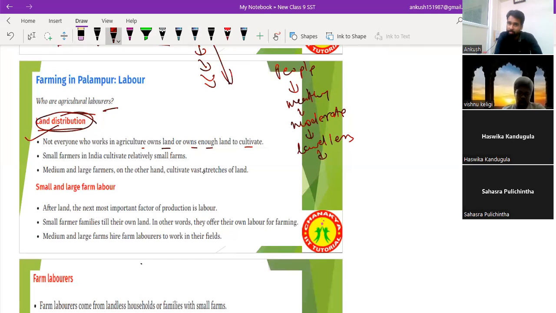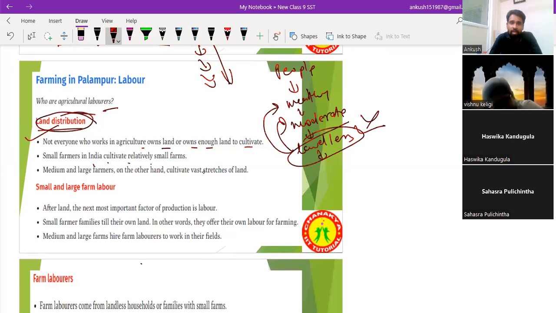It's not possible for them because the land they are possessing is very small. So this kind of composition of land distribution is given in the village of Palampur. Not everyone who works as a laborer in agriculture owns land, because those are landless people who are working for the wealthy or the moderate people. Understood? Means these people do not have their own land.